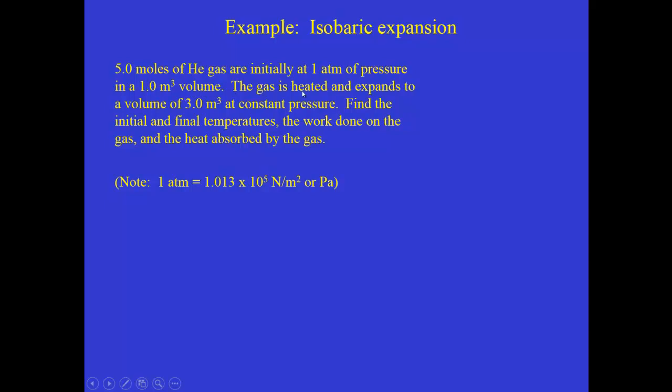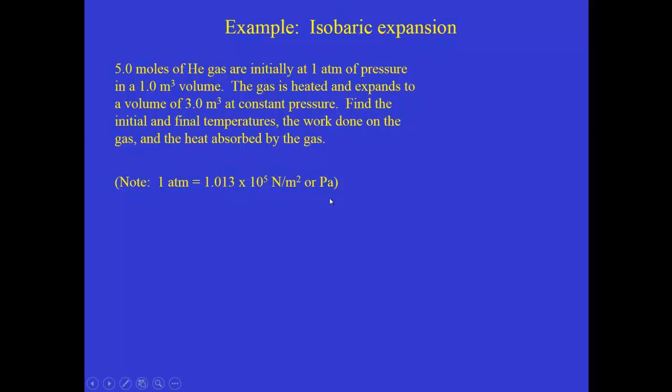We heat it up and it expands to a volume 3 times the initial volume, 3 cubic meters, but it does so at constant pressure. We would like to know the final and the initial temperatures of the gas, the work done by the gas or done on the gas, and the heat that the gas absorbs. And of course there's a conversion factor between atmospheres and newtons per meter squared that we'll have to keep in mind as we do the calculation.